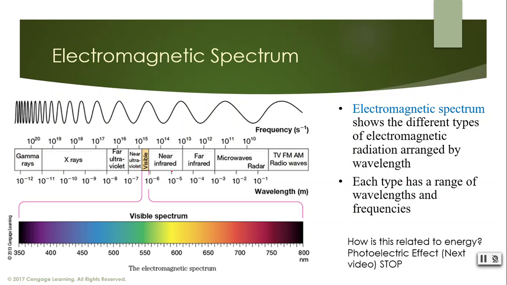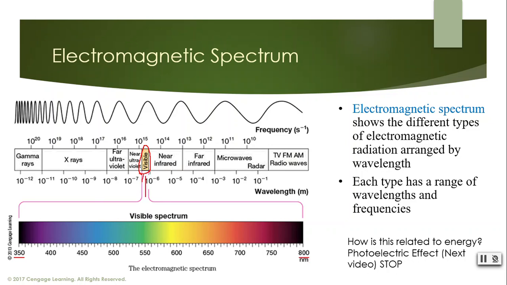Now, you do not need to memorize the specific ranges and frequencies for each type of electromagnetic energy except for the visible, because we'll be dealing with that most frequently. You should know that light that has a wavelength between 350 and 800 nanometers is in the visible spectrum.